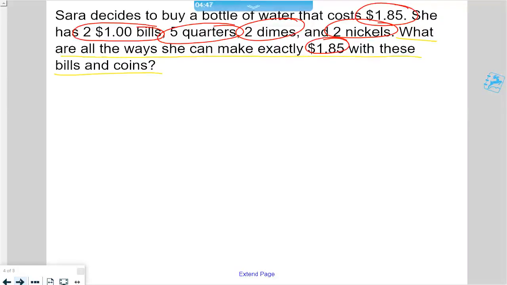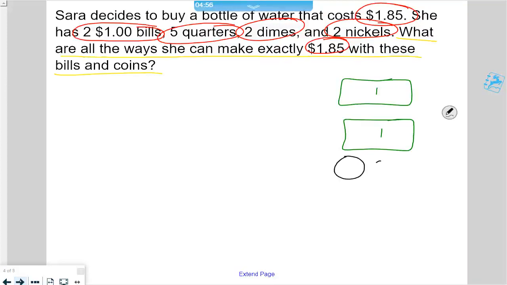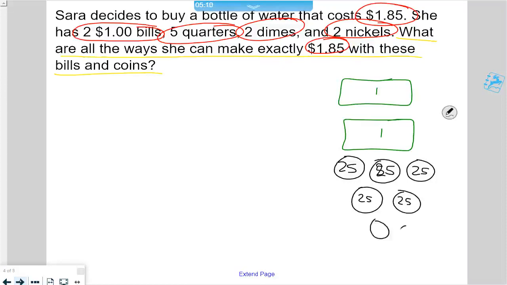All right, so I'm going to make this picture. I've got $1. I've got $1. I have 5 quarters. I have 2 dimes, and I have 2 nickels. So how can I make $1.85? There's 2 ways to do it.